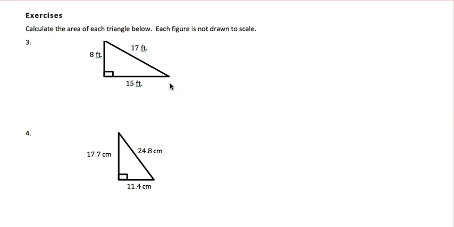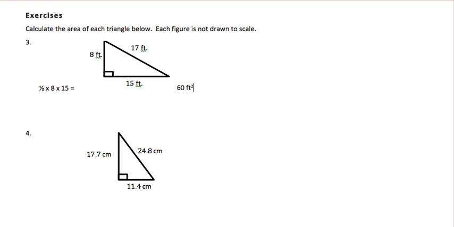Now, although they will give us other measurements, the only measurements that matter, remember, are the base and the height, where the height is perpendicular to the base, makes a right angle with the base. So then we would do 1/2 times 8 times 15, which then is 60 square feet.